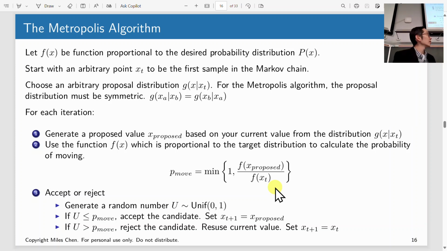We just need some kind of function that is proportional to the desired probability distribution. So you have a target probability distribution P, and if you have that PDF, that's great. But if you don't have that PDF, that's also okay. You just need something proportional to it, which is going to be really handy in, say, Bayesian statistics.